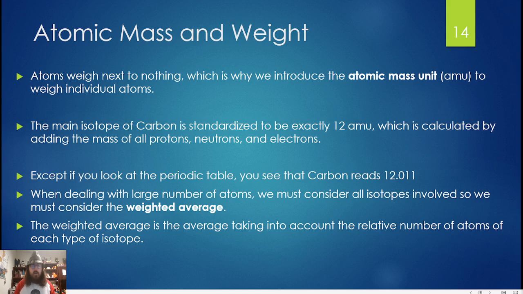They can all standardize it, do the same experiment, and come up with the same numbers because they all have the same unit for measuring a mass. So we have standardized this so that the main isotope, carbon-12, weighs exactly 12 AMU.